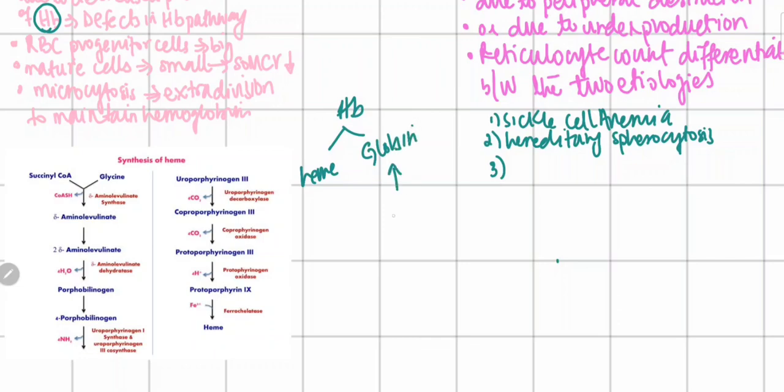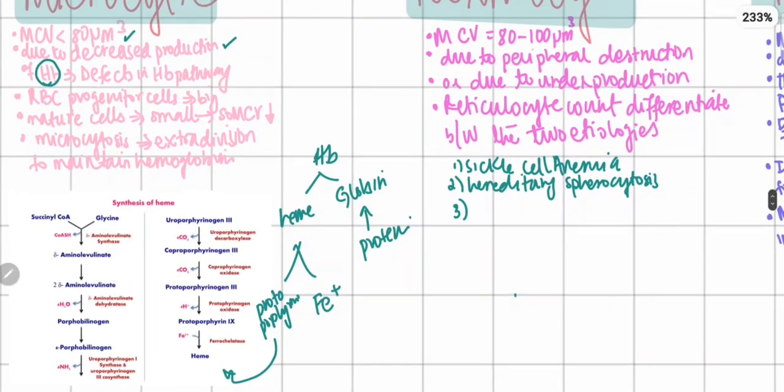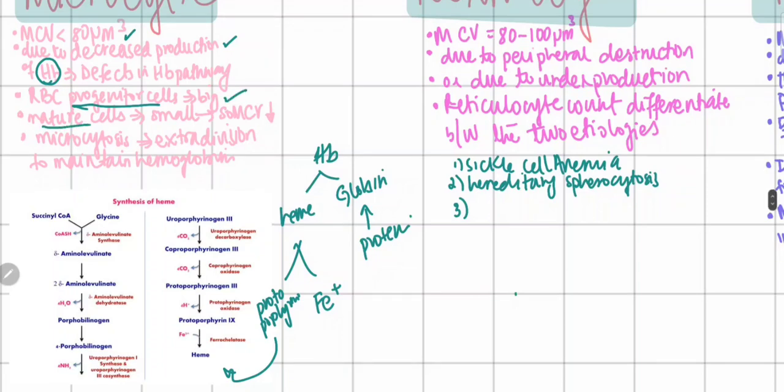Globin is protein, and heme consists of iron and protoporphyrin. Any problem in this pathway can cause microcytic anemia. So the progenitor cells that make RBCs are going to be big, but the mature cells are going to be small. That is why MCV is decreased.